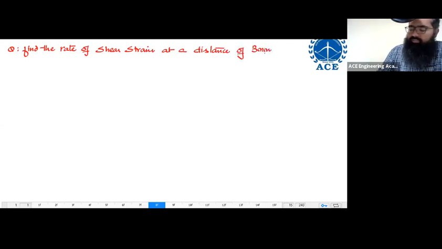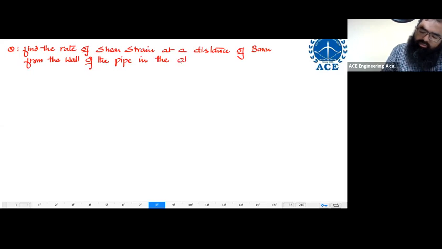Find the rate of shear strain at a distance of 3 mm from the wall of the pipe in the above question. This question itself is worth 2 marks in examination.